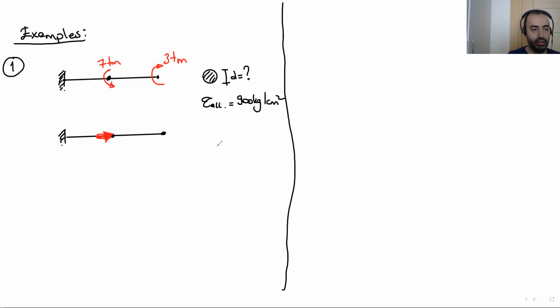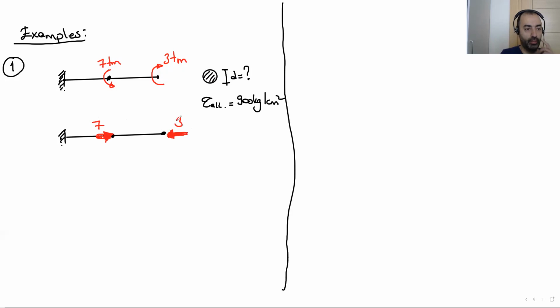Okay, let's have a look at 3 ton meter. 4 fingers follow the moment direction, as you can see here. So our thumb shows the moment vector, which goes left. This is 7, this is 3.